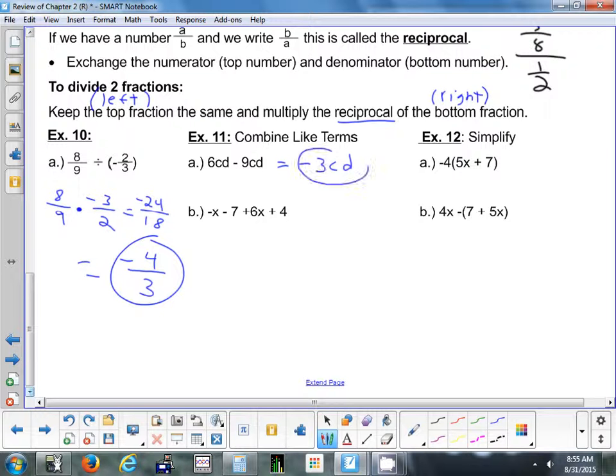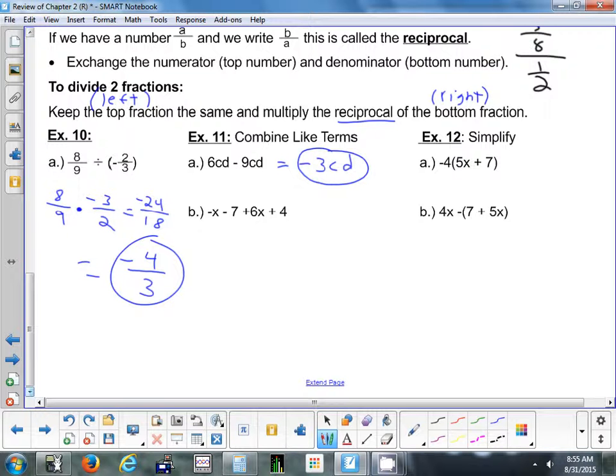That's it. So negative 3CD. And some of you, when you see 6 minus 9, are probably like, yep, negative 3. For other people, it's different. Whatever works easier for you, whatever makes more sense to you is fine with us. We're not going to say you have to do it this way.